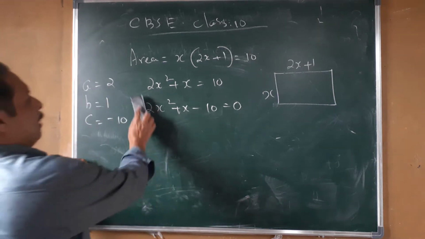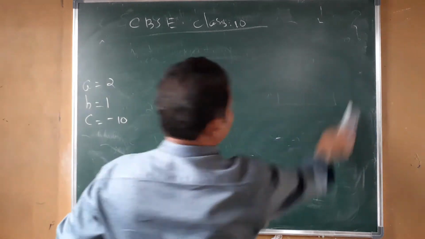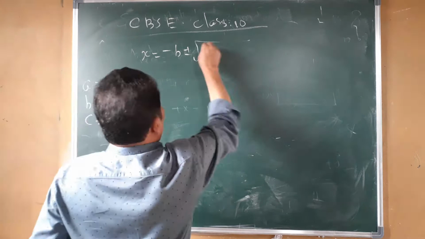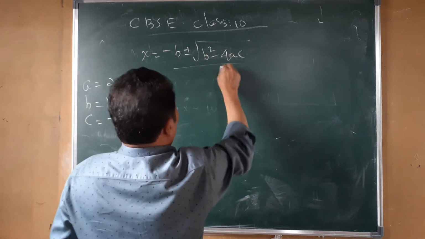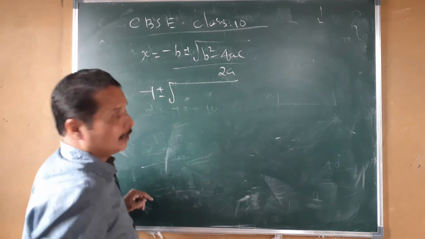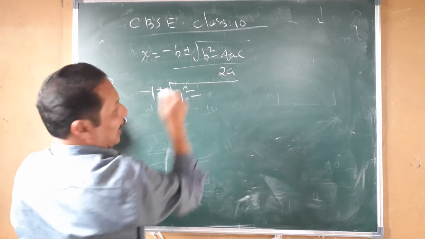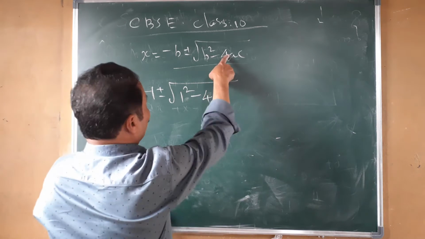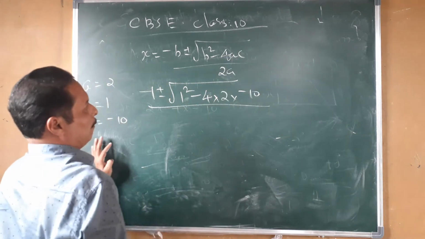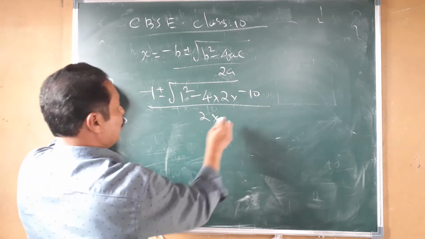Now use the quadratic formula. You know the quadratic formula: x equals minus b plus or minus root of b square minus 4ac, divided by 2a. Minus b is minus 1, b square is 1 square, 4 into a equals 2 and c equals minus 10, divided by 2 into 2.